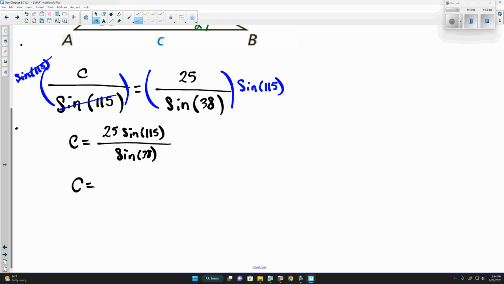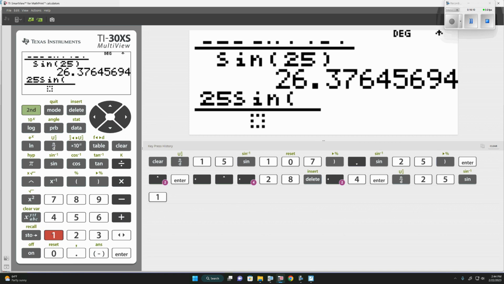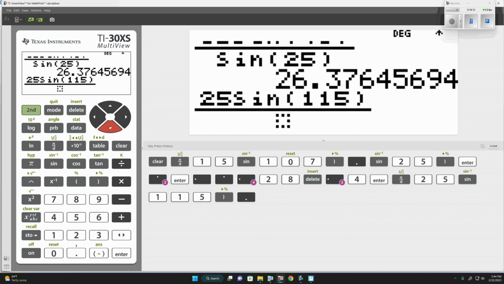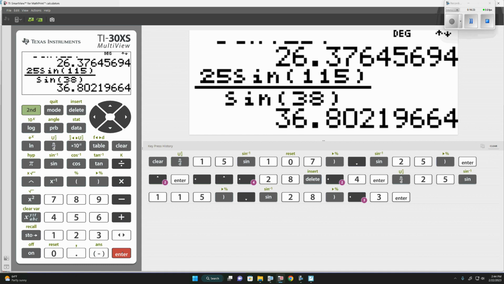So in the calculator, we can say fraction 25 sine of 115 over sine of, I think it's 28, isn't it? 38, thank you. And hit enter, and we get 36.8.